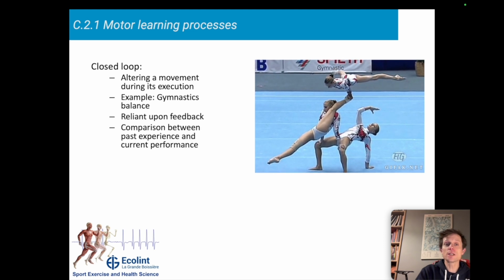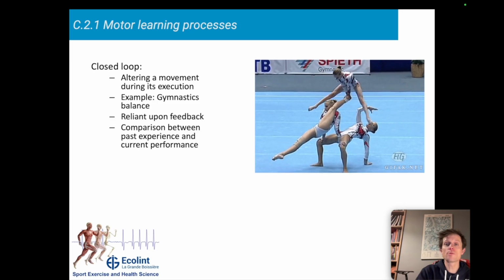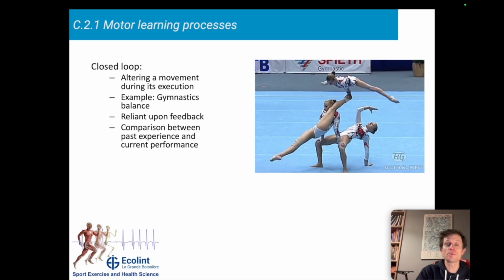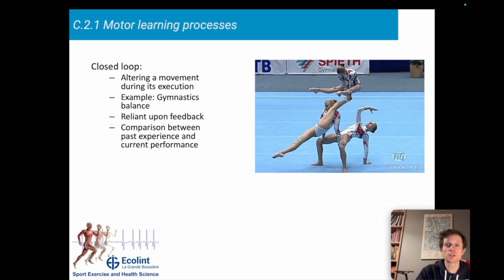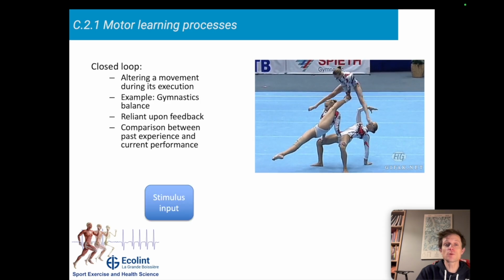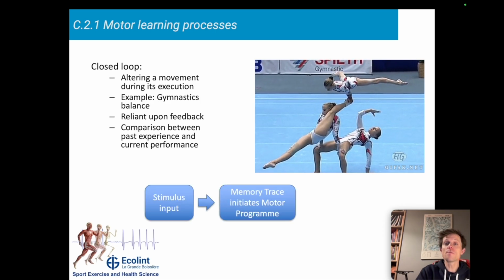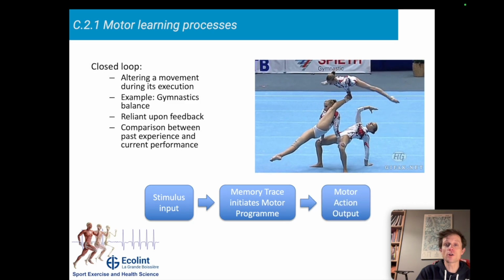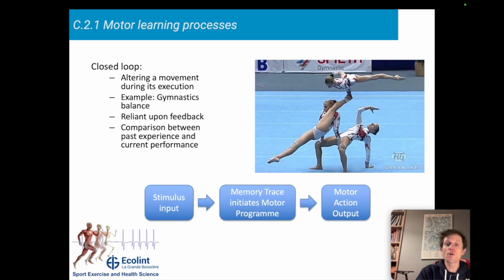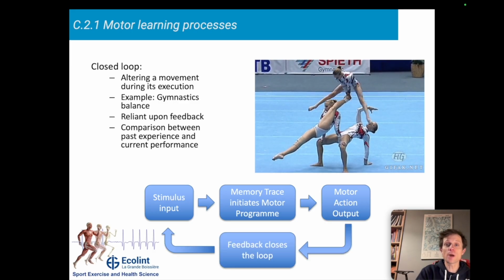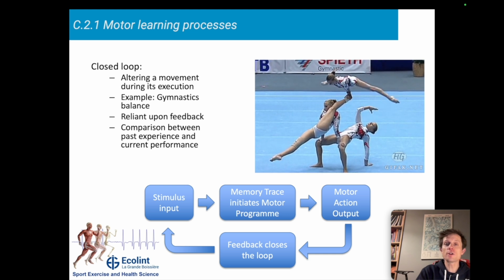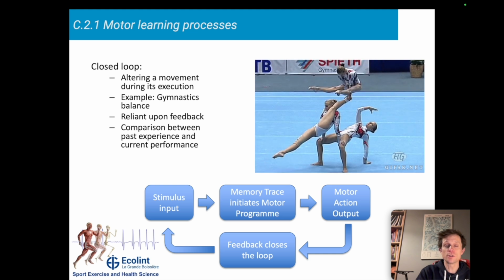We have a comparison here between past experience and the current performance, and knowing what success feels like is going to enable them to maintain their balance and their position in order to ensure success this time. In this case, we have a stimulus or the input. The memory trace then initiates the motor program, and we have our output in the same way that Keele suggested. However, in this case, there's also a feedback loop which acts as an ongoing stimulus such that the memory trace can be adapted throughout the movement.